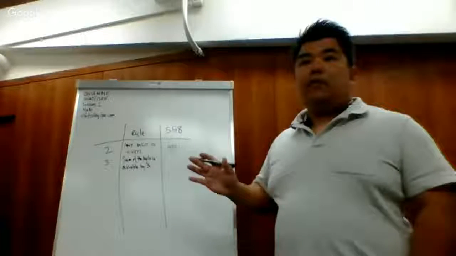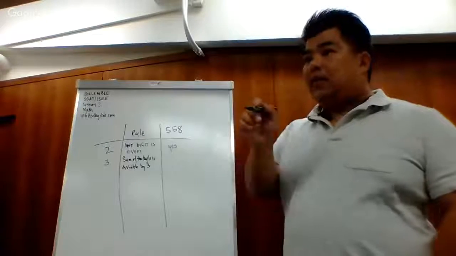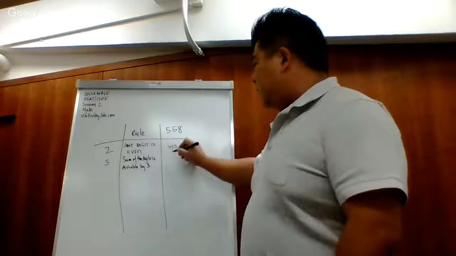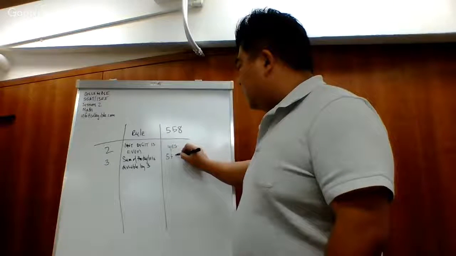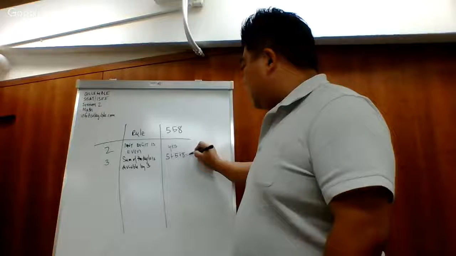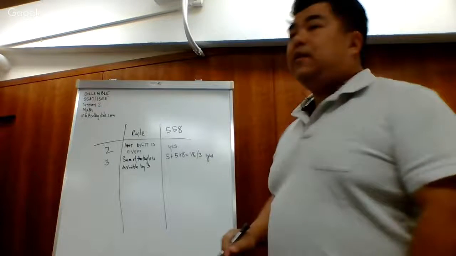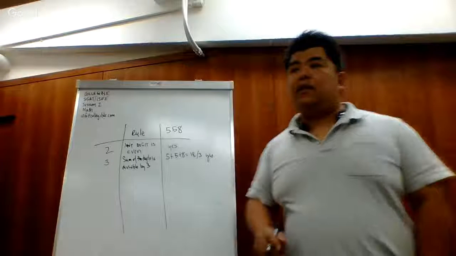So for this one, what is the sum of our digits here, Henry? Well, 5 plus 5 is 10 plus 8 is 18. 18 is divisible by 3. 18 divided by 3 is 6. So yes, I think so. So that's a yes right there. You guys see that? Yeah.